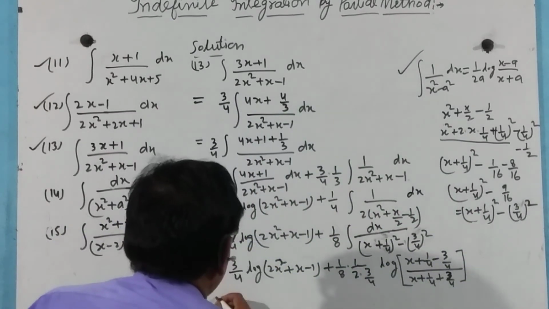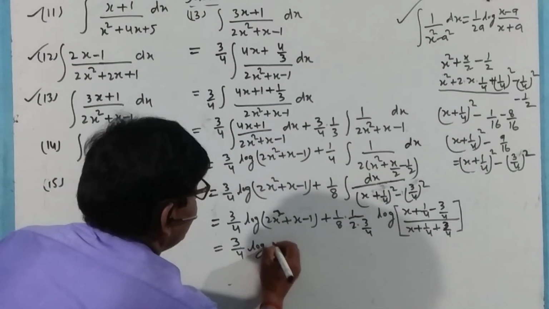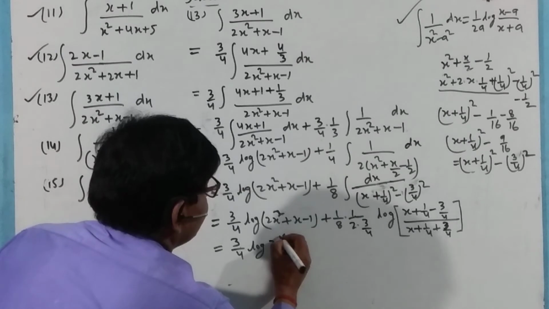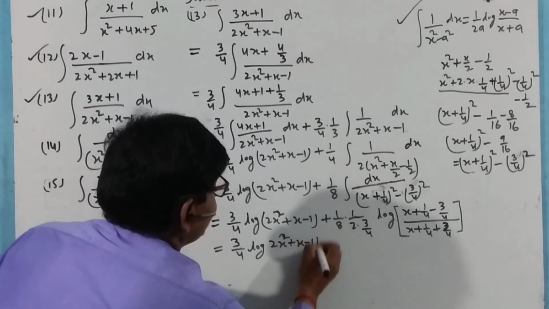Now this can be written as 3 by 4 log (2x square plus x minus 1) here.